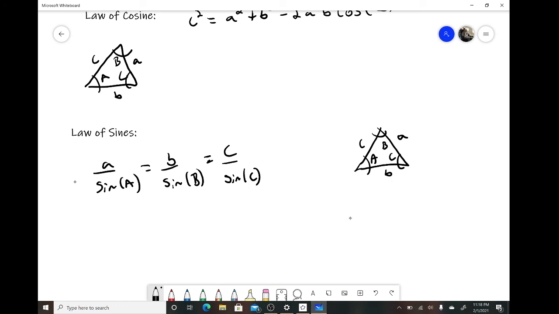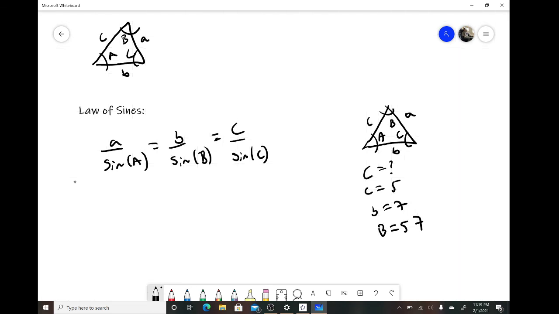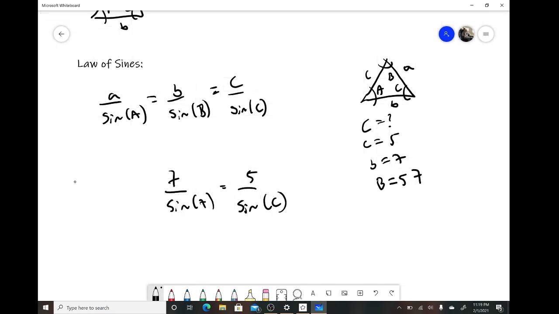Let's say you're given c equals 5, b equals 7, and capital B equals 57. Then using this information you could find out the measurement of angle capital C. Because now you have enough information to say, well, we have 7 over sine of 57 equals 5 over sine of capital C, and then you could cross multiply here.